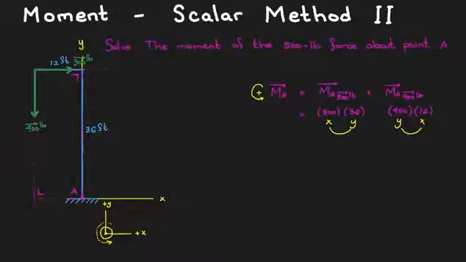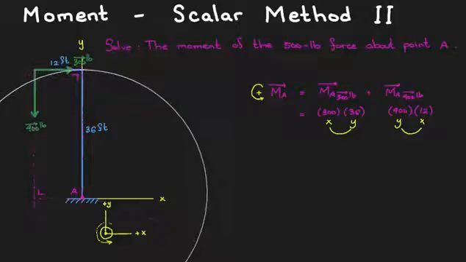How do we establish whether it's positive or negative moment? Well, a very easy way to do this is to create an imaginary circle which centers at the point you're trying to take moment about.